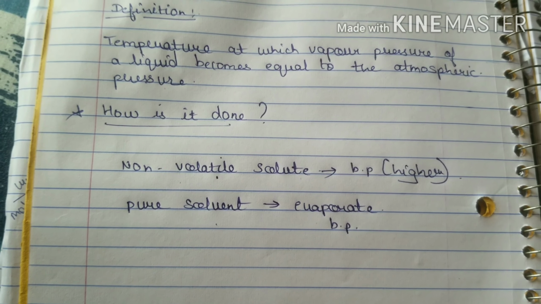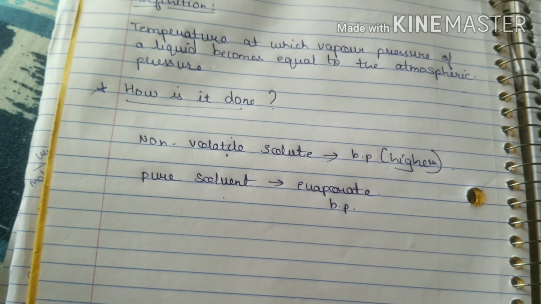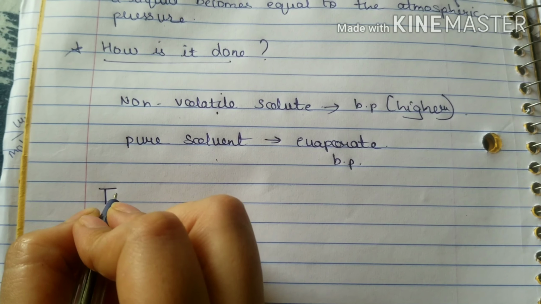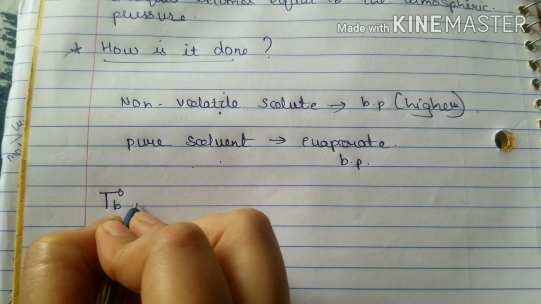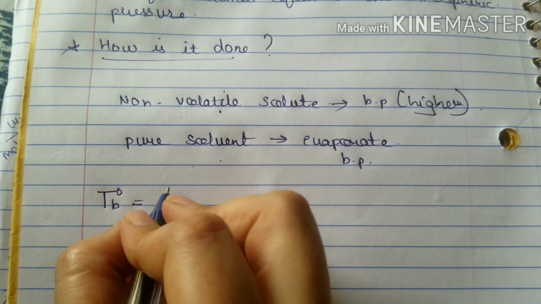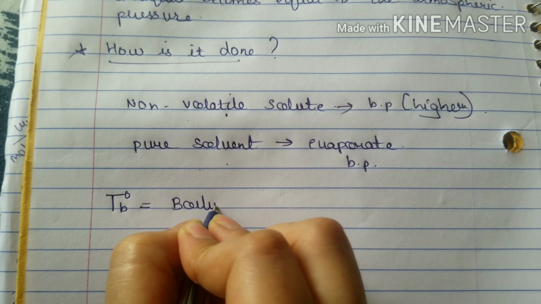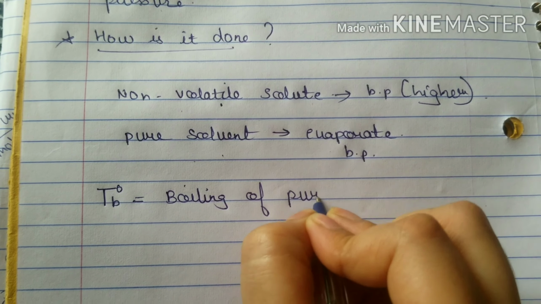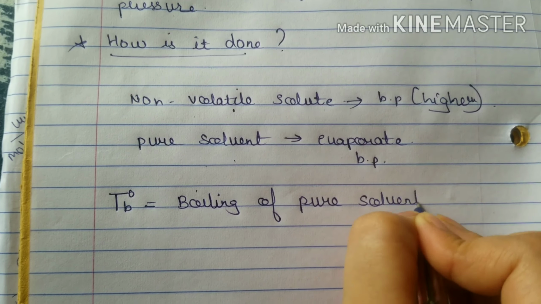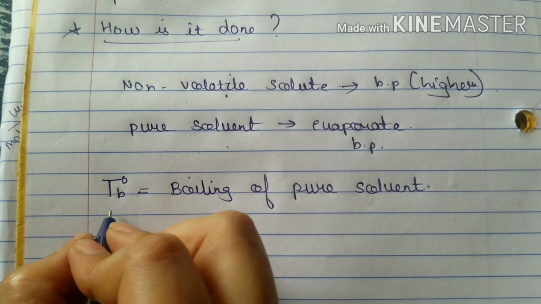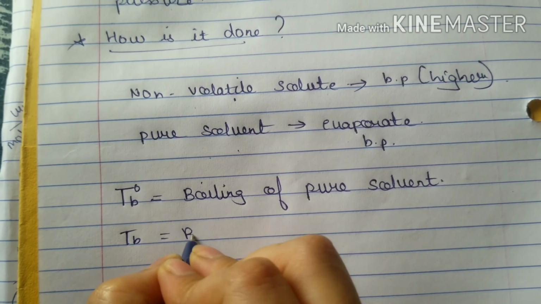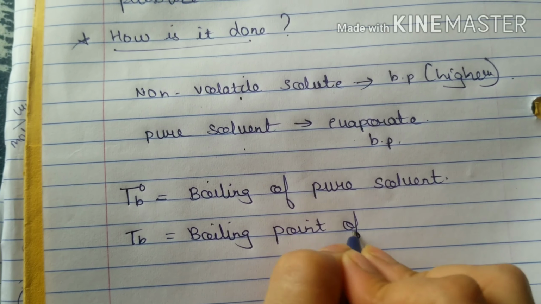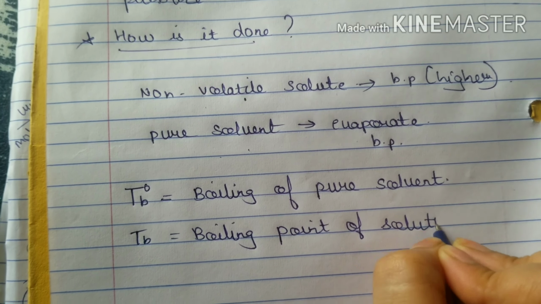So you are adding a non-volatile solute to a pure solvent, and both combine together to give you a solution. Now here we are going to take T naught B as the boiling point of our pure solvent, and TB as the boiling point of the solution.